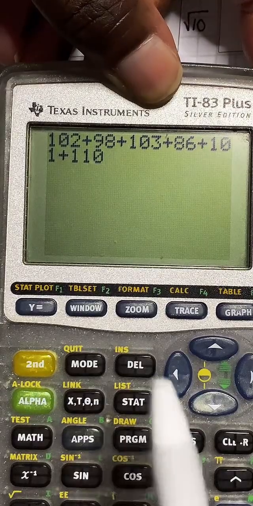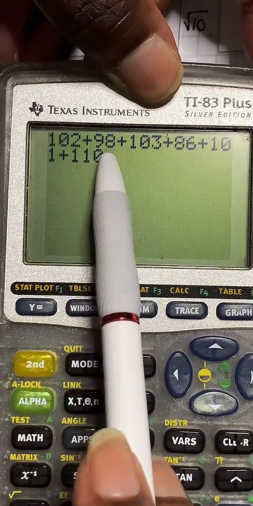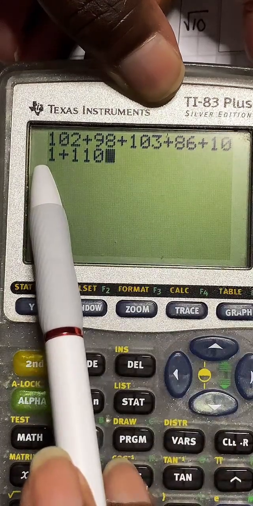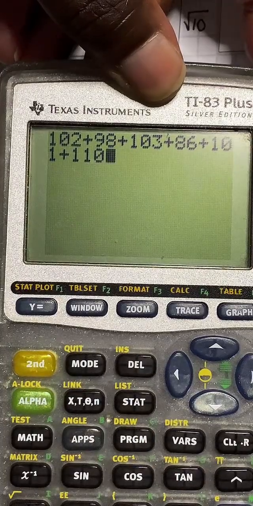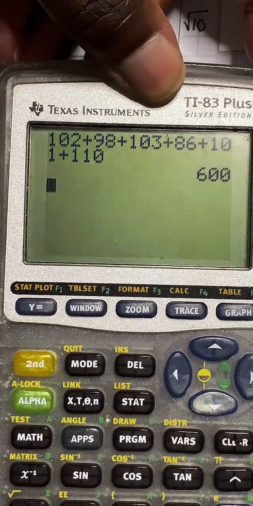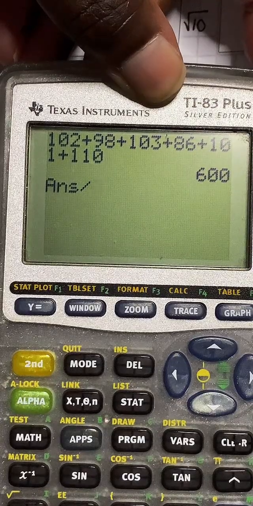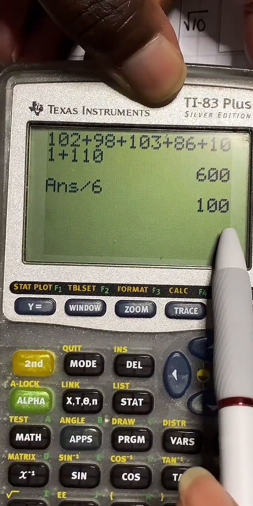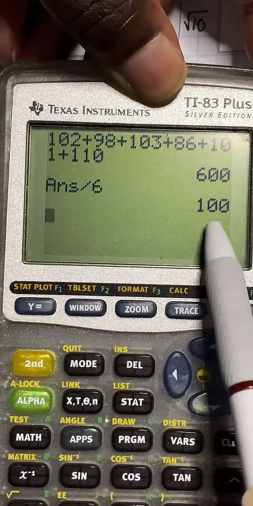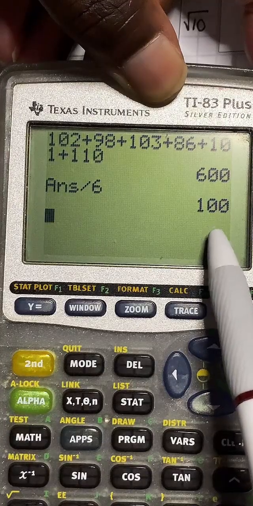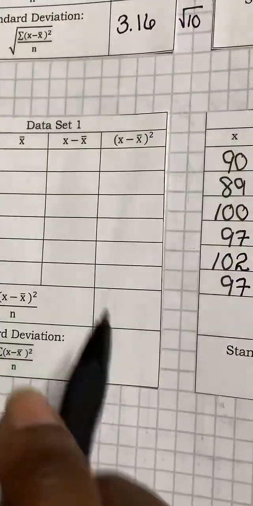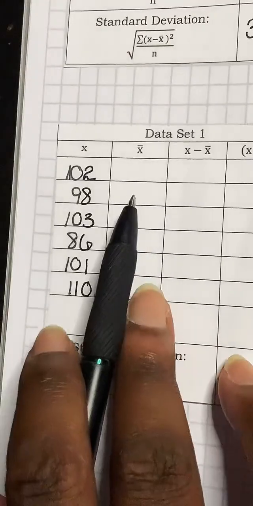So if I hit enter and then divide by the 6 in that unit, and just like Period said first, it is going to be 100. All right, so that means in this column we're going to put 100 for our mean.